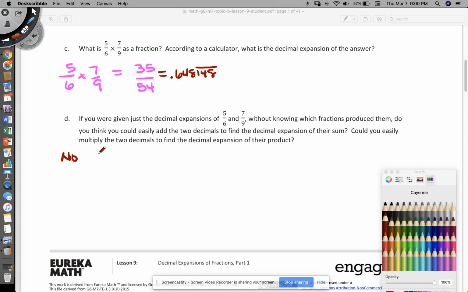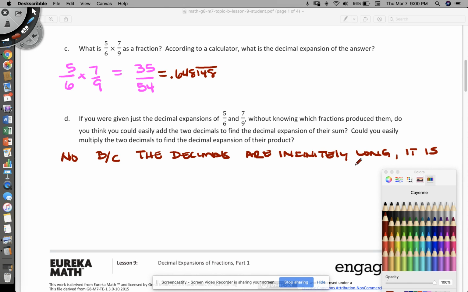And the reason we say no is because the decimals are infinitely long because they go on forever.